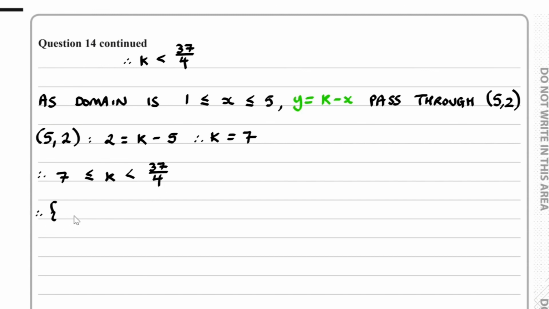And in set notation, I've got k belonging to the set of real numbers where k can be in between 7 and 37 over 4. So this is my solution.